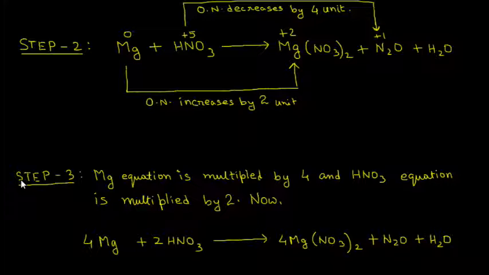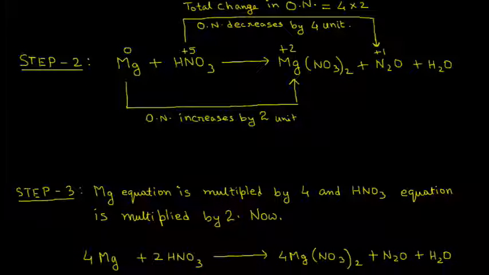Now comes step 3. In step 3, the Mg equation is multiplied by 4 and the HNO3 equation is multiplied by 2. Why 2 and 4? They came from step 2, from the change in oxidation number.